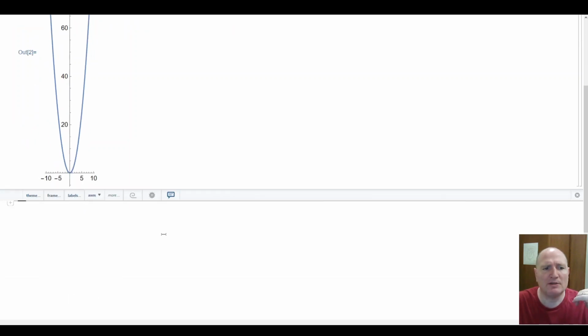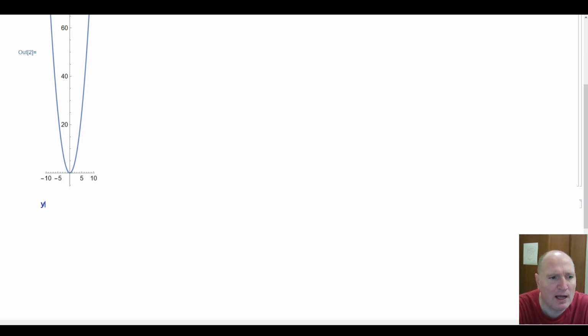What I want to do is solve this and show that if you start things at different points, they don't have the same periods. So let's have a equals 1, m equals 1, g equals 9.8.